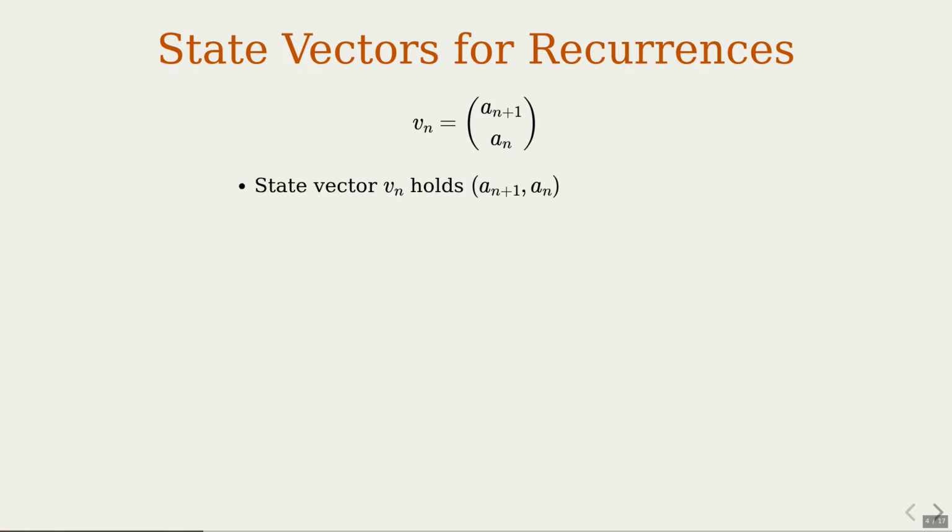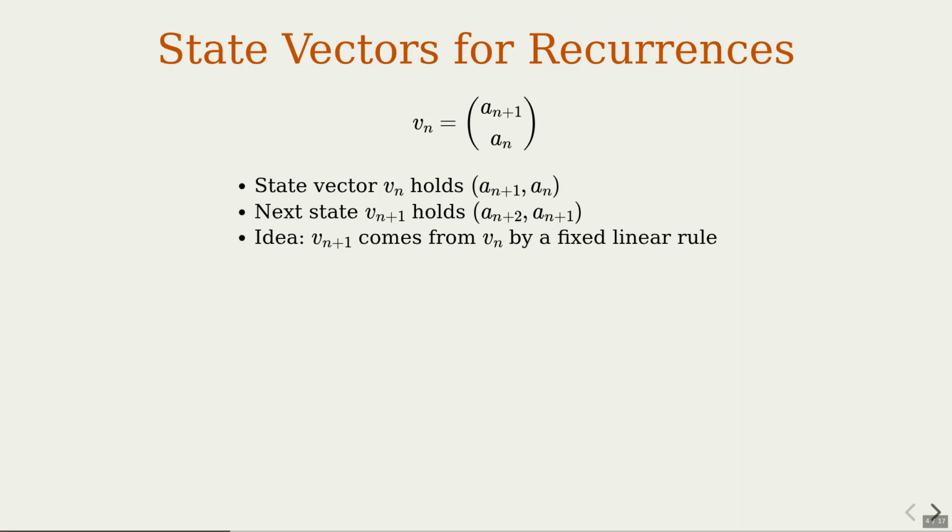This way, knowing V_n means we know two consecutive terms of the sequence at once. One step later, the new state just slides forward along the sequence, keeping the window of two terms. So if the recurrence is linear, it makes sense that going from one state to the next should also be linear. Yes, and a fixed linear rule on vectors is exactly what a matrix is built to represent.